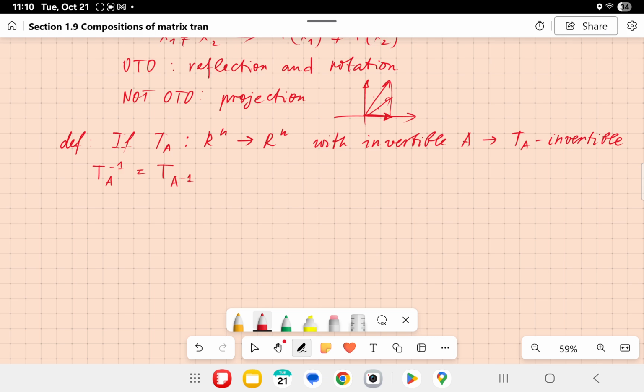So, what is going to happen if you apply two transformations, the transformation with the inverse matrix, considering that the matrix has an inverse, and the transformation with the original matrix? What is going to happen if you apply these two transformations as a composition? Well, we know that the matrix of a composition is just a product of these two matrices.